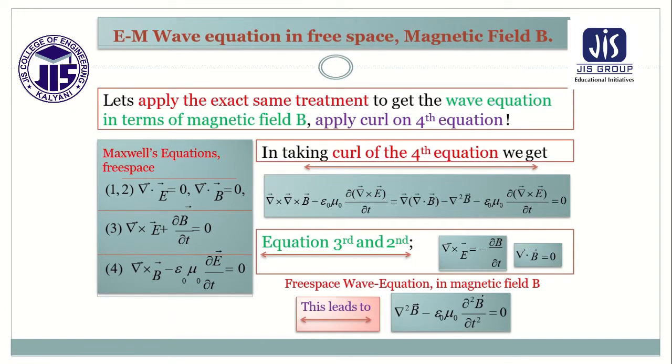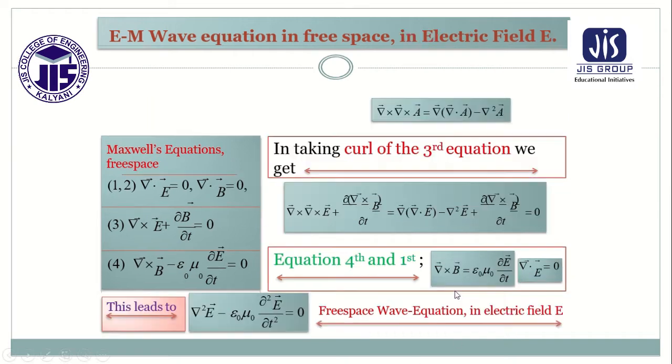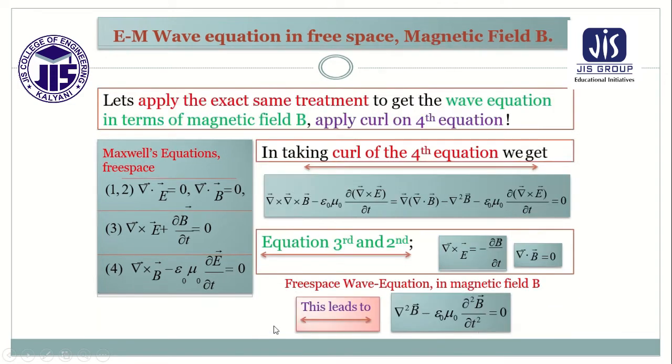Now we are going to prove the free space wave equation in magnetic field B. If we go to the previous slide, we can see the free space wave equation in electric field E, nabla square E minus mu naught epsilon naught del square E by del t square, and here, nabla square B minus mu naught epsilon naught del square B by del t square. Now how to prove it?